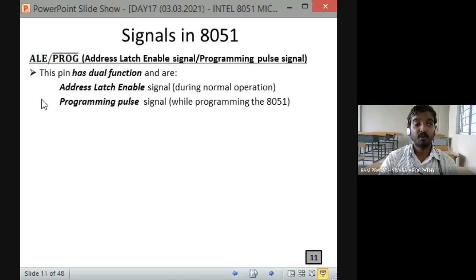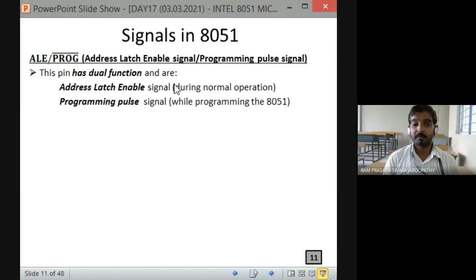This pin also has a dual function. Okay. Can I ask a question this way? When you are going to program the 8051 microcontroller, what about the function of EA bar/VPP and ALE/PROG bar? Or in other words, what signals are required to program the 8051 microcontroller? What pins do we need to program the on-chip ROM? Whichever pins we have to use: to provide the programming voltage, we need one pin.